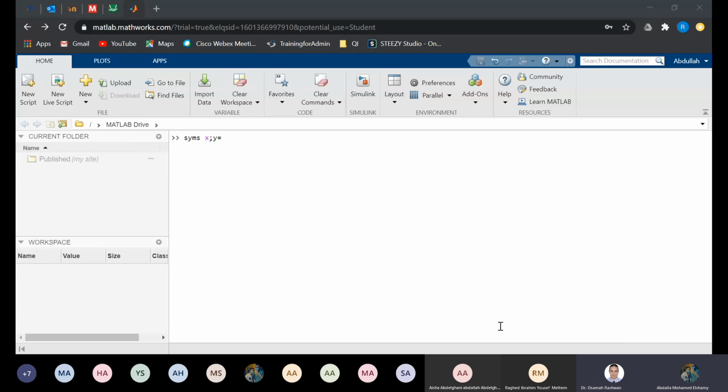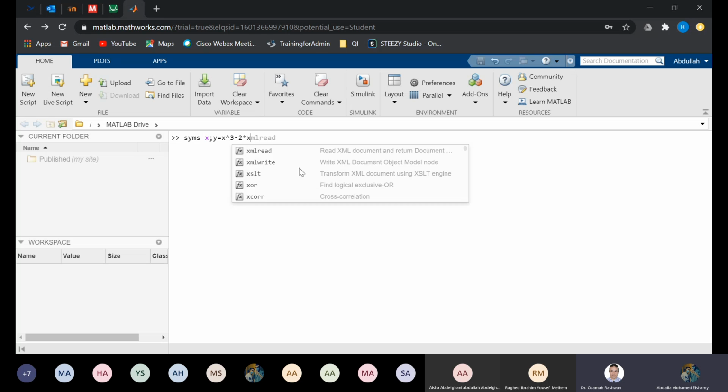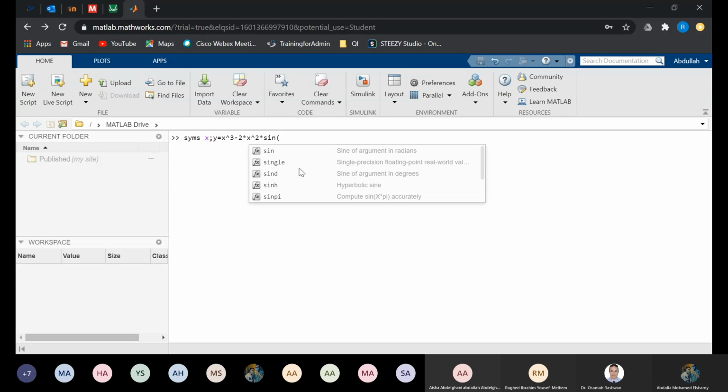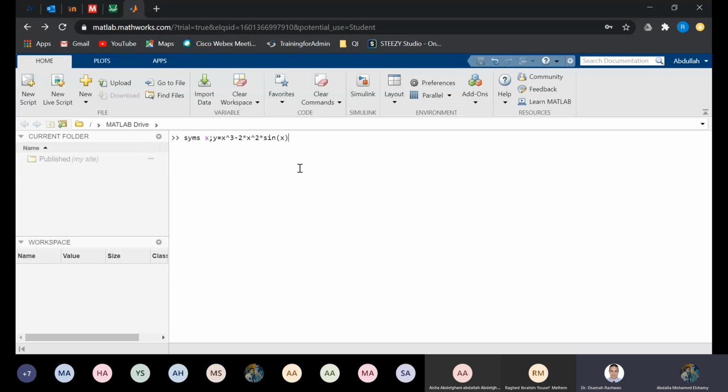Abdullah? Yes, Doctor. Y equal to what? X cube minus 2x squared times sine x, star, right? Open bracket x plus cosine inverse, a cosine.